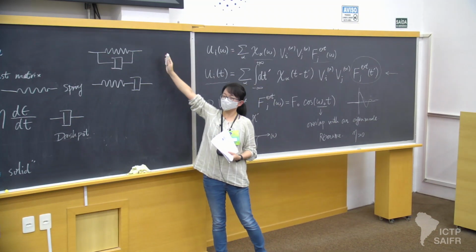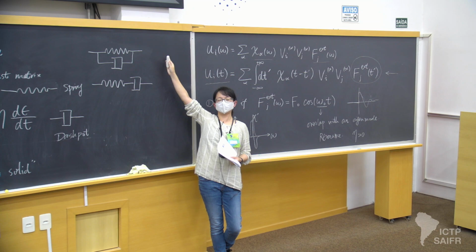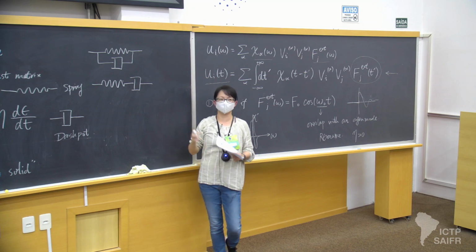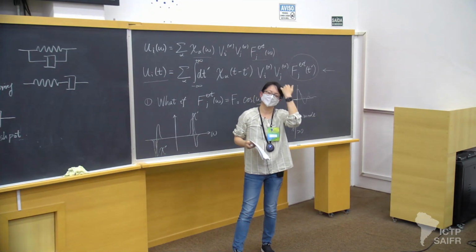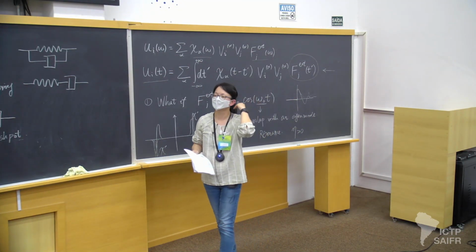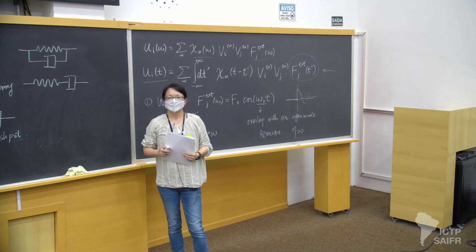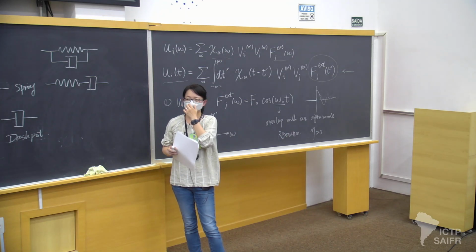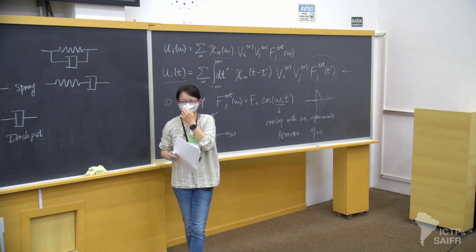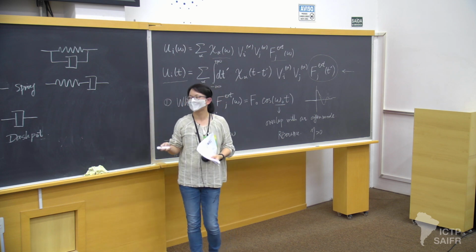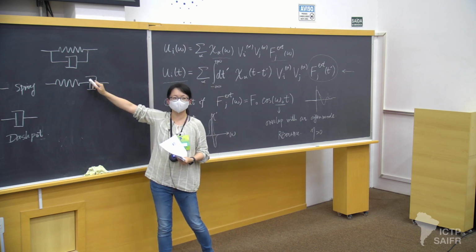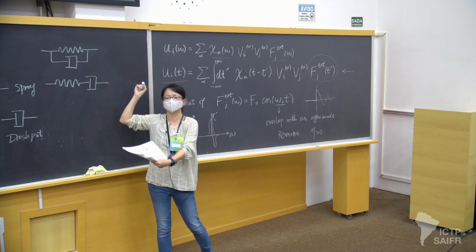What would be the difference between this type of system and this type of system? Just intuitively, this element only cares about how fast you pull.